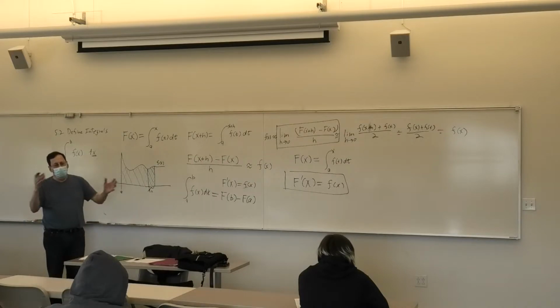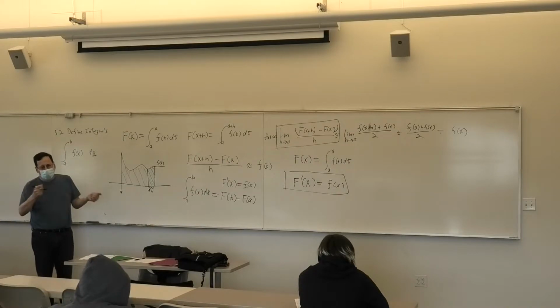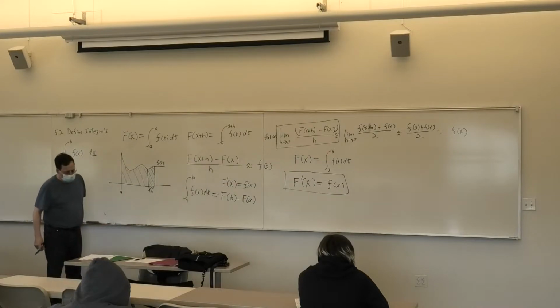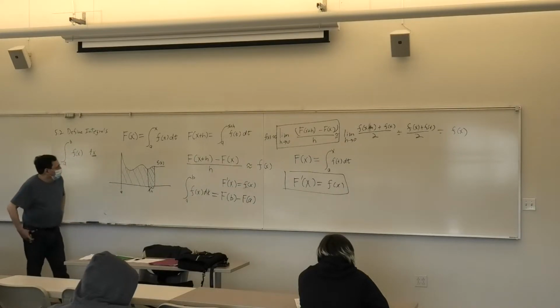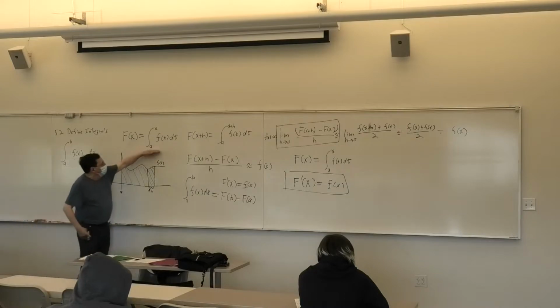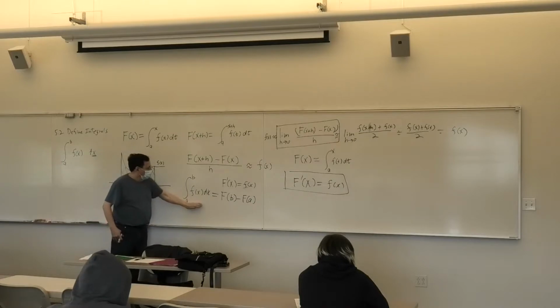We know how to find derivatives, and consequently, in cases where it works, we can go backwards, find an antiderivative. Now we can find the area under curves. We can evaluate definite integrals. Well, this isn't a definite integral. This is a definite integral.